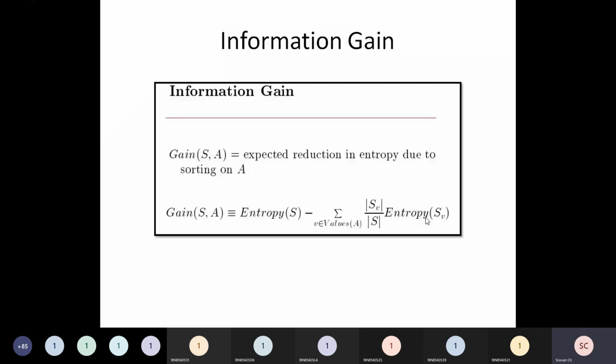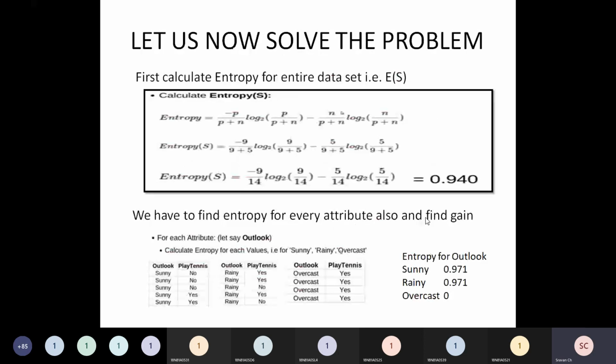Let us now solve the problem. First calculate the entropy for the entire data set, that is E of S. I hope you remember the data set. We have 14 records, out of which 9 are positive, 5 are negative. This is very important because we use them in the formula. What is the formula for entropy?